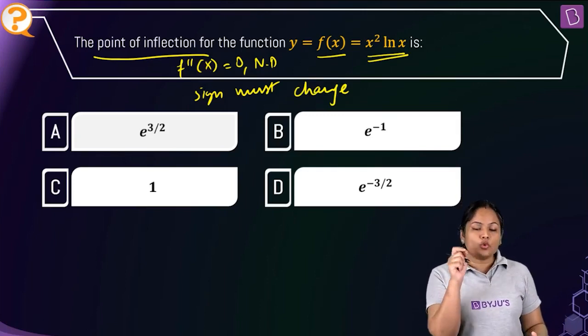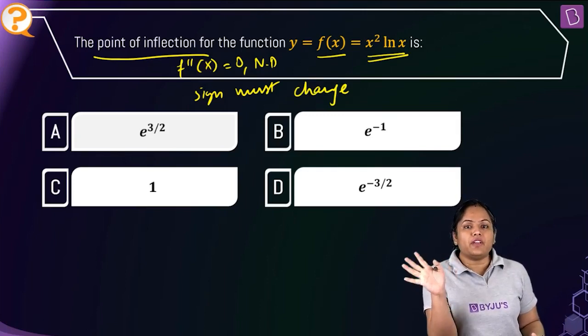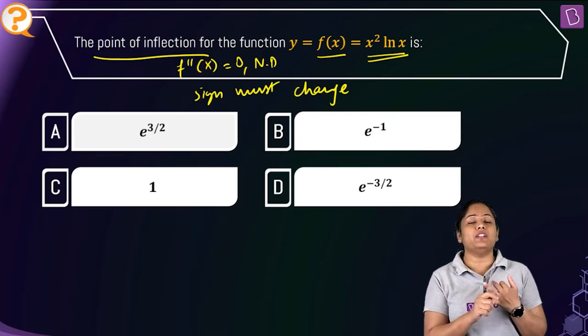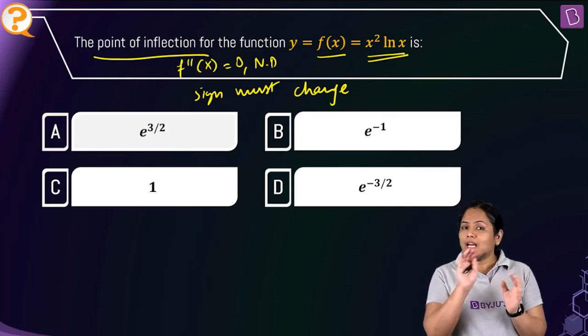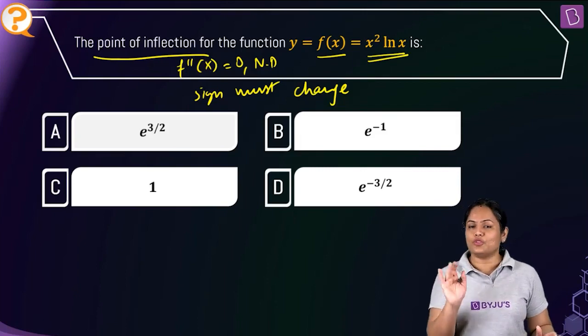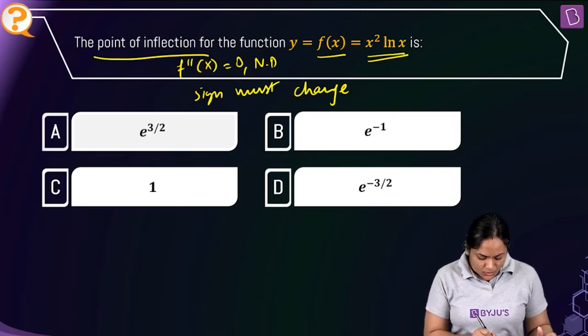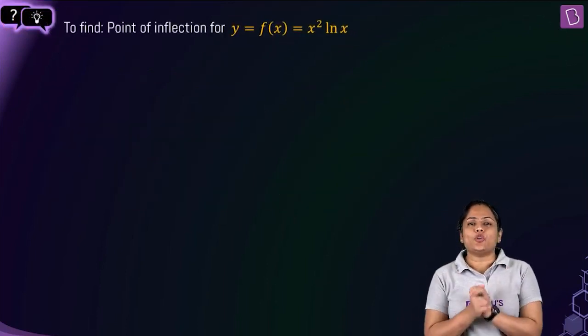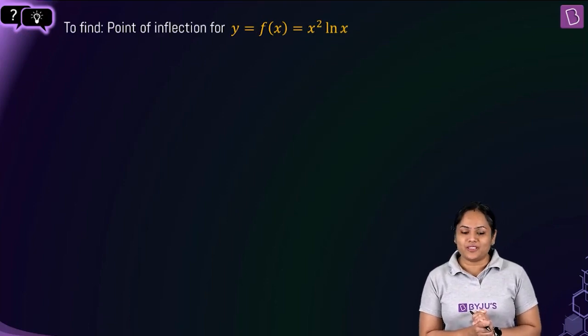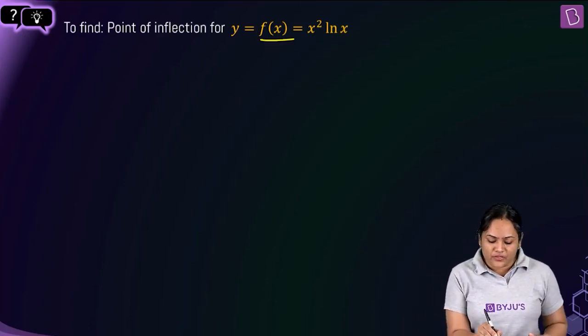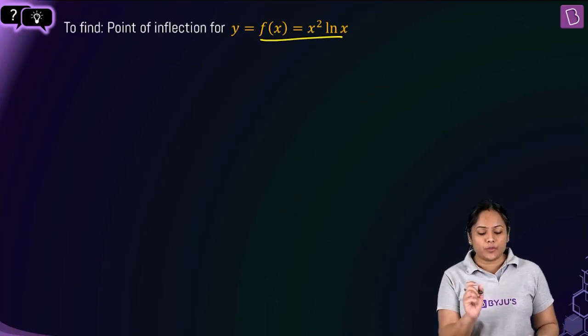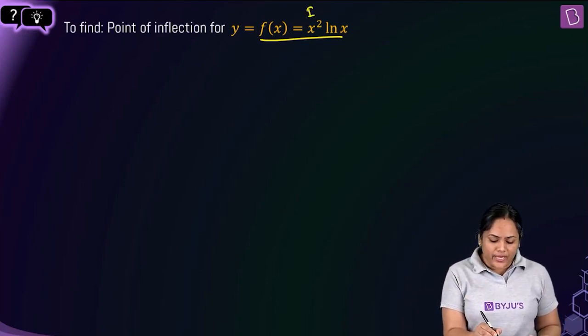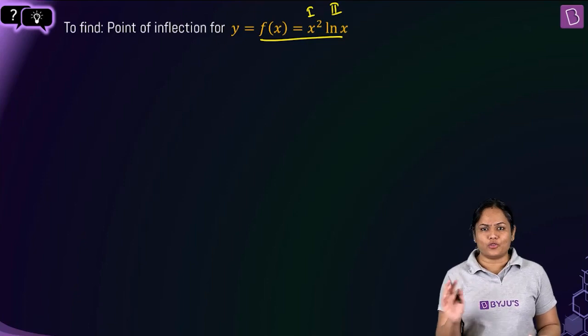Clear? So to get point of inflection for this f x, I'll find f dash, then I'll find f double dash x and equate it to 0 first of all. Clear? Okay. So let's quickly start with the solution part over here. Now to differentiate this function f x, which is actually product of x square and ln x, we'll apply product rule.